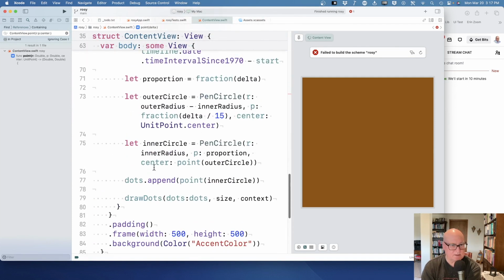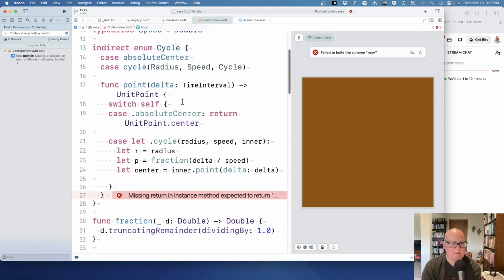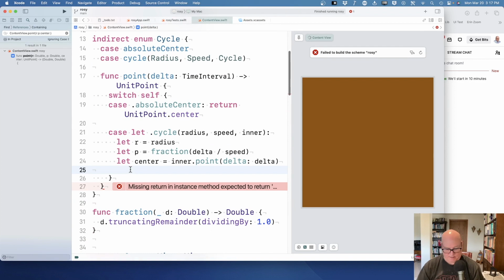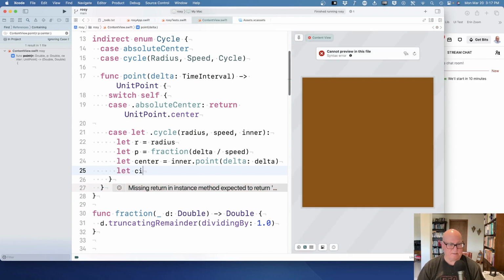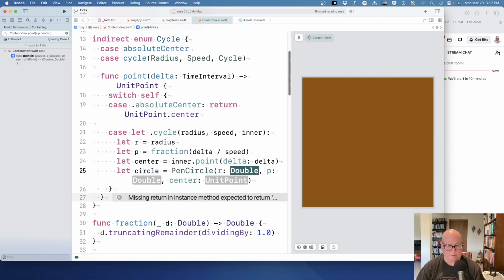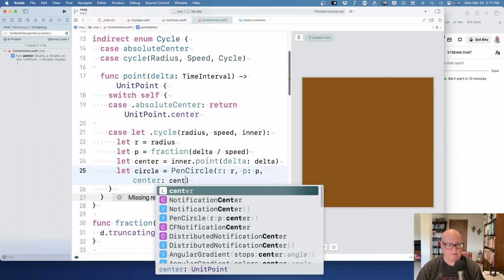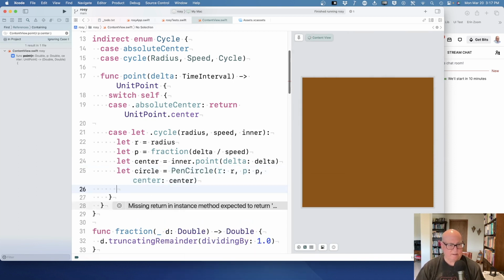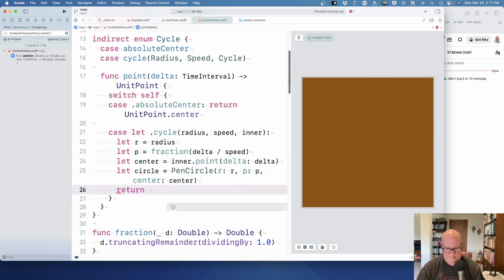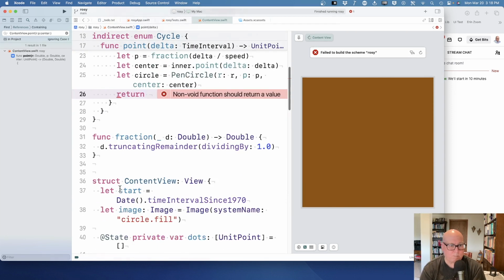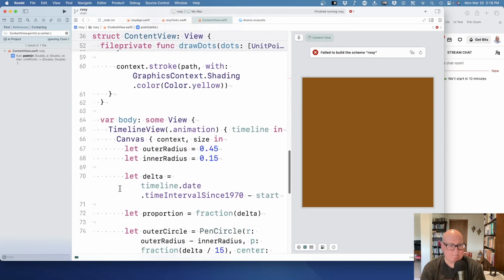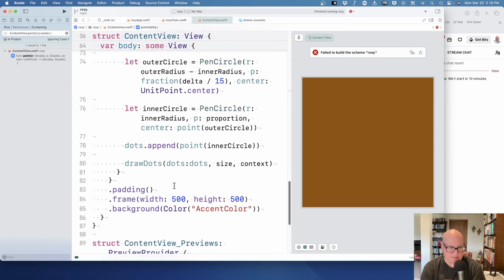Sorry, inner circle is pen circle with that stuff. I think we can make this easier, but let circle, pen circle of this stuff, R, P, center, and then return I think it's point of that.